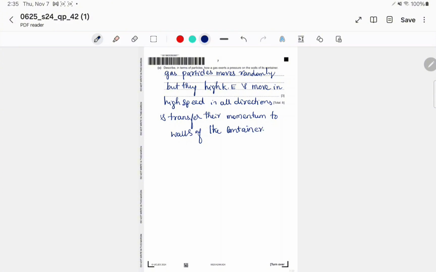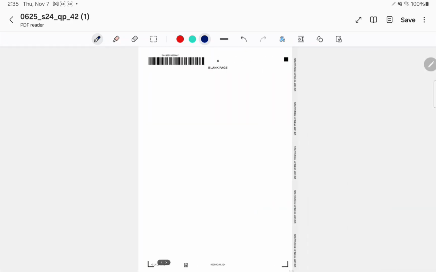They move randomly, they have high kinetic energy, and with this they exert pressure on the walls of the container. Next question.